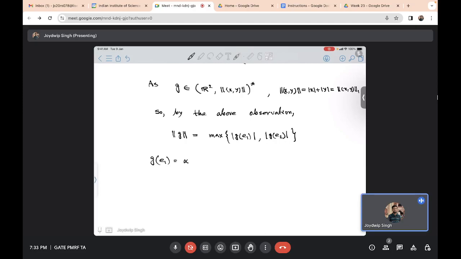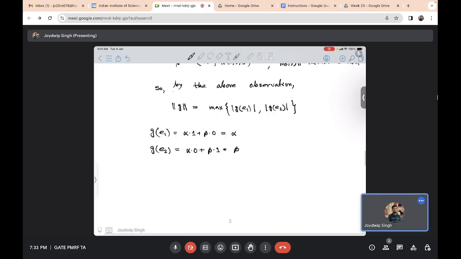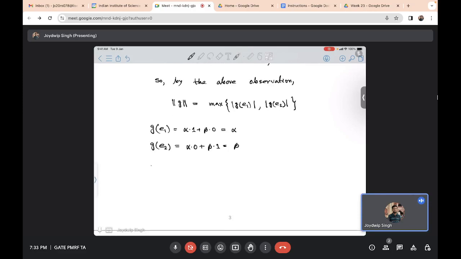G is alpha times the first coordinate plus beta times the second, so G of E1 is alpha times 1 plus beta times 0, which is alpha, and G of E2 is alpha times 0 plus beta times 1, which is beta. So we get the norm of G is the maximum of mod alpha comma mod beta.